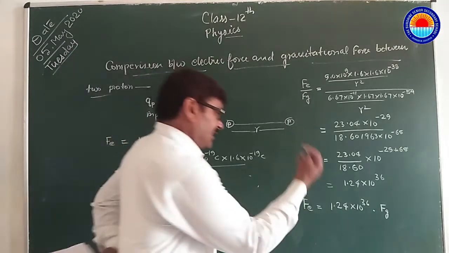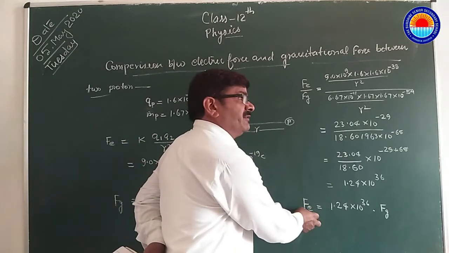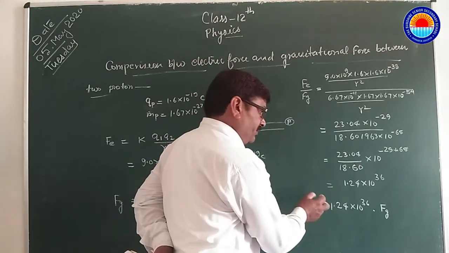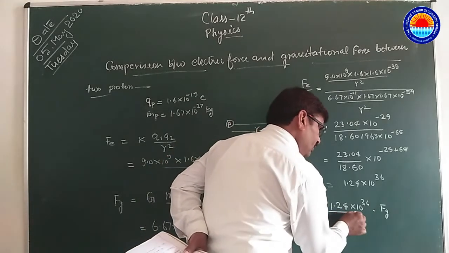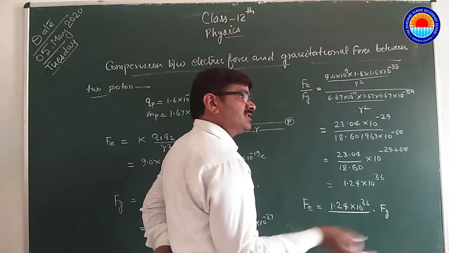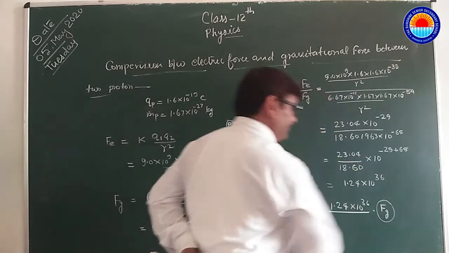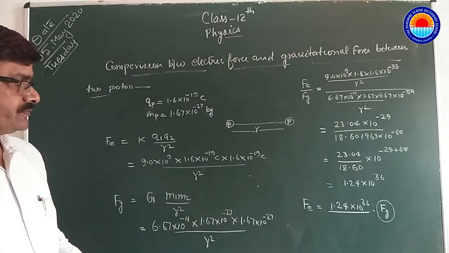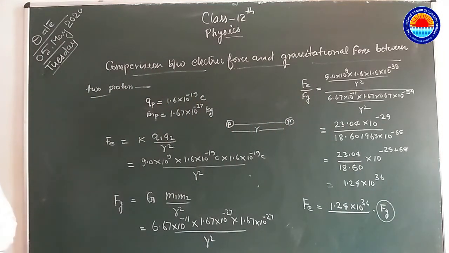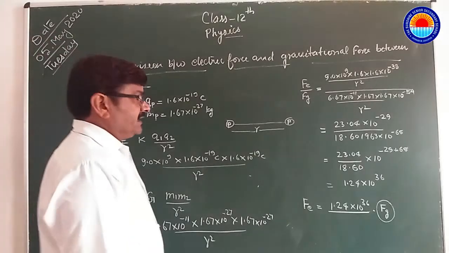That means the electrostatic force between two protons is 1.24 into 10 to the power 36 times the gravitational force between them. You may take the screenshot.